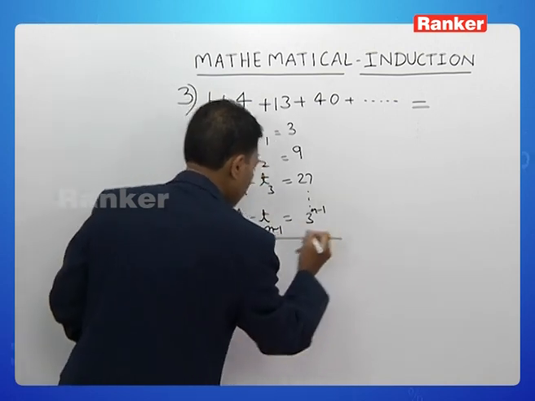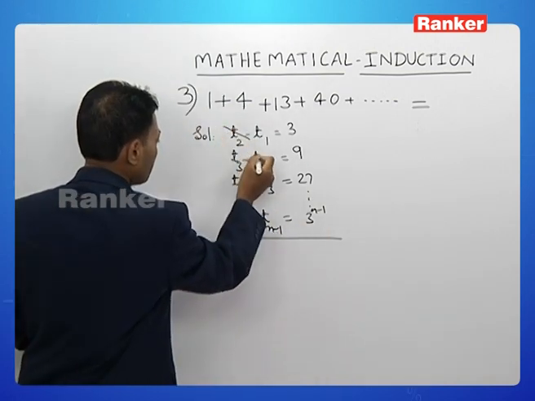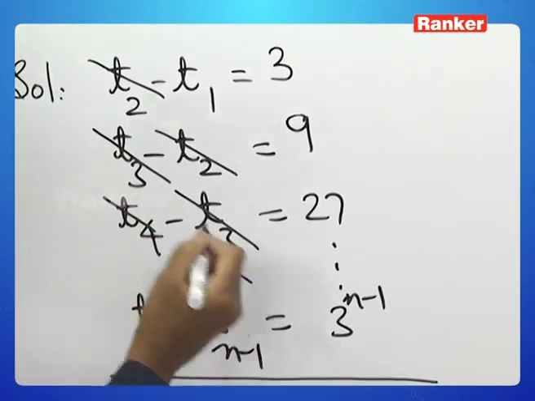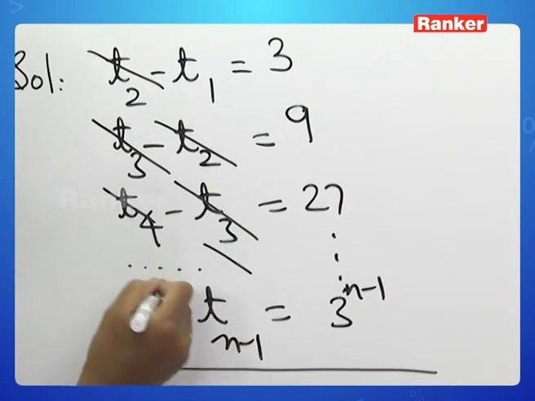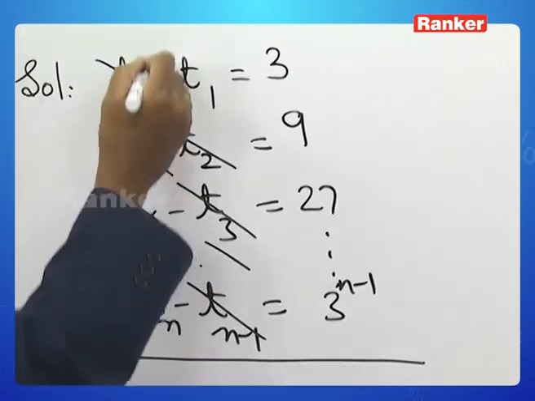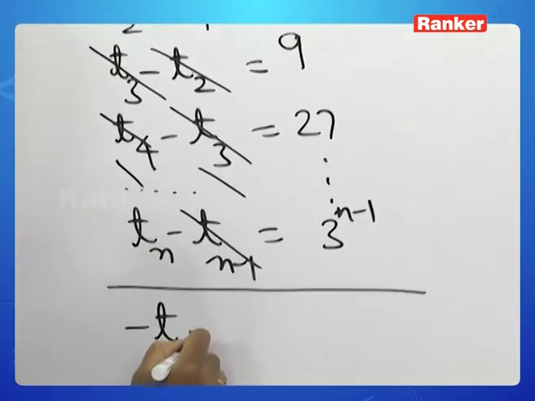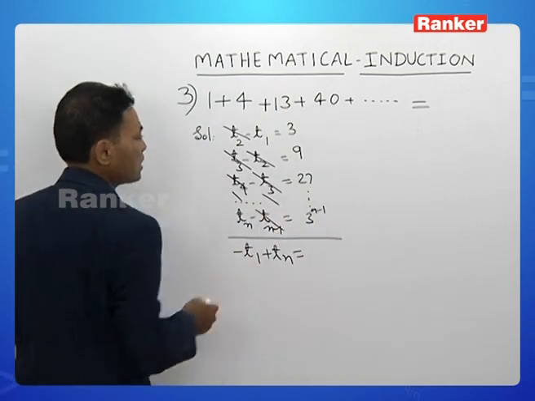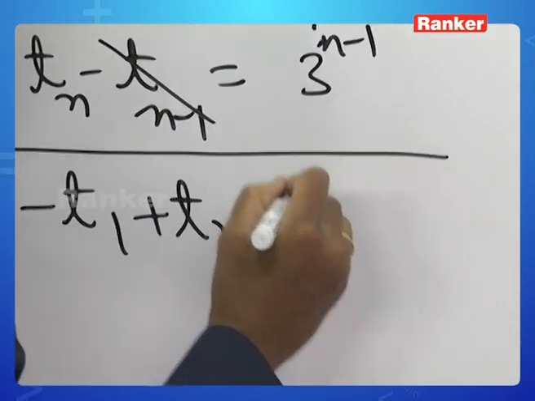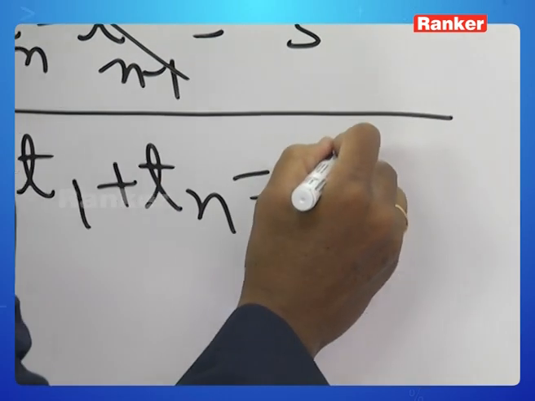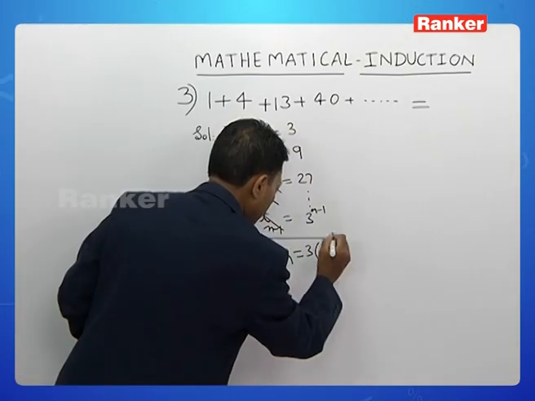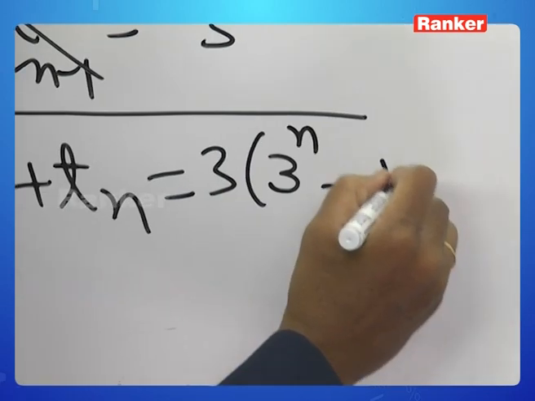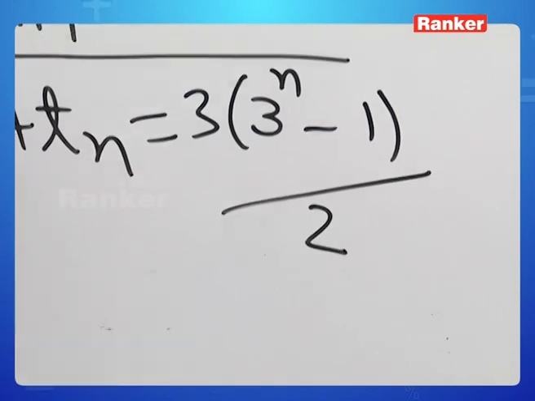Now, I am adding all the terms. If you add them, T2 minus T2 cancel, T3 minus T3 cancel, T4 also cancels, and before this term, Tn minus 1 also will cancel. So, the remaining is minus T1 plus Tn, right. Now, the sum of the terms, if you take a common, is 3 into (3 to the power of n minus 1) by 2.